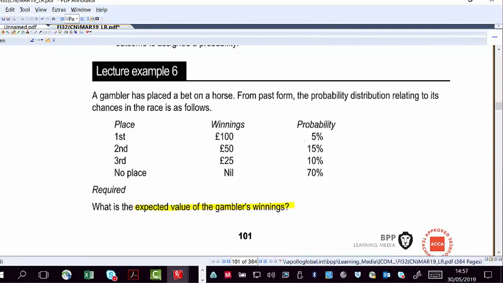Third, 25 and a 10% probability, and no place at all, there would be no winnings, and there's a 70% probability of that happening. So to get the expected value, we need to multiply the result by the probability and then add them all up to get the sum of the outcome.